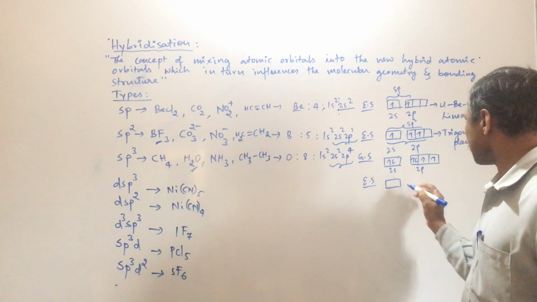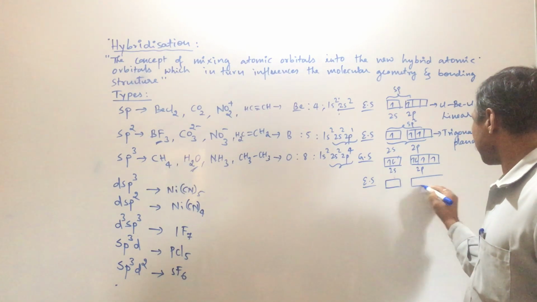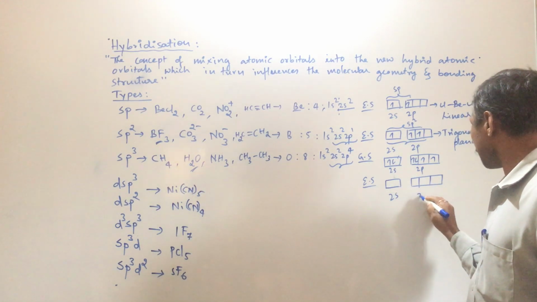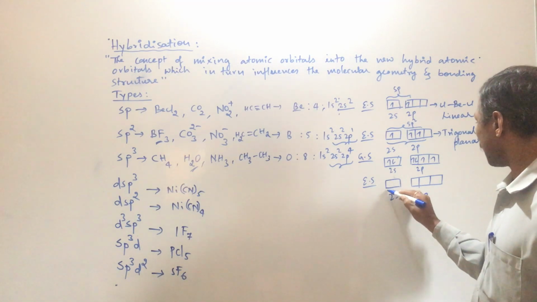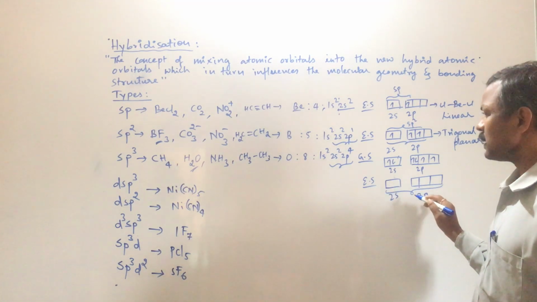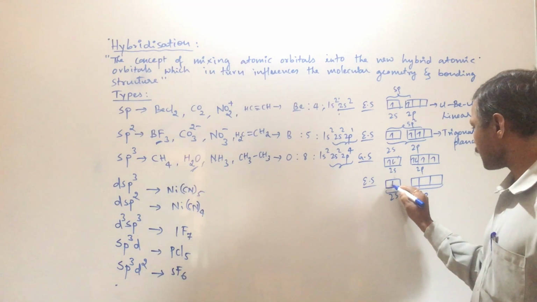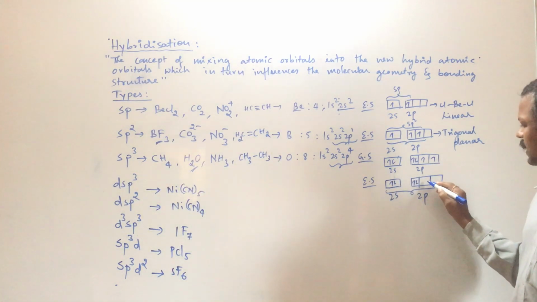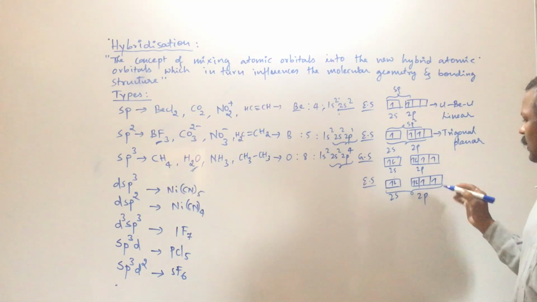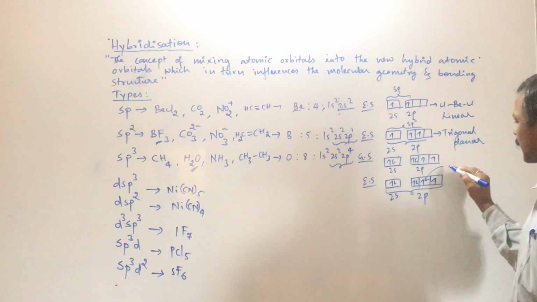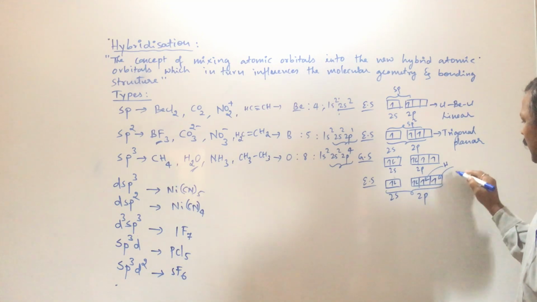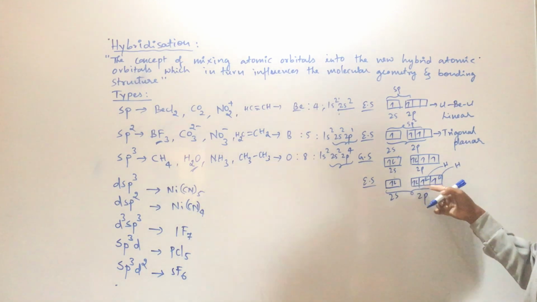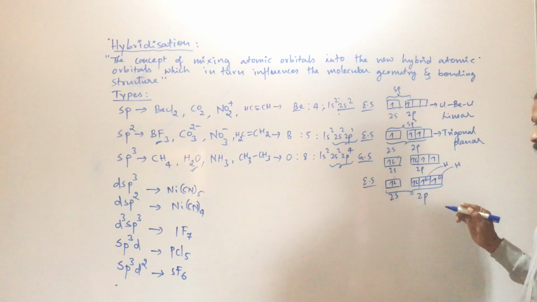Here, the excited state, so both 2p, all three will possess equal energy. The reason is because it already has two unpaired electrons, where the hydrogen can pair up its electron with the unpaired electron present in the 2p orbital of the oxygen atom.